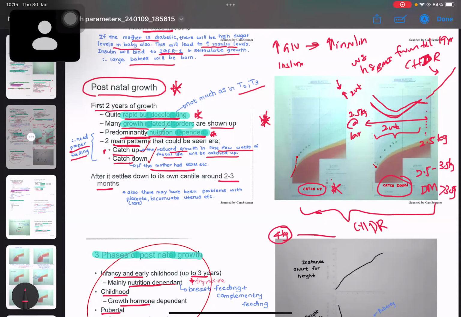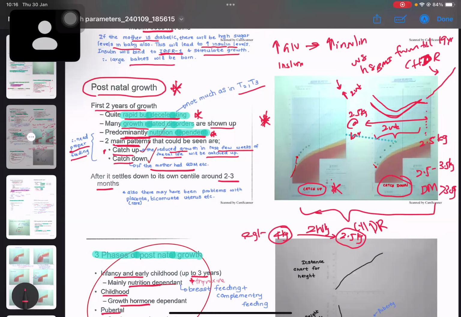So after 2 weeks, the baby will be at 2.5 kg. This is an example, not an exact figure. The baby will be at 2.5 kg, which is quite normal, because usually 2.5 kg is a normal birth weight.